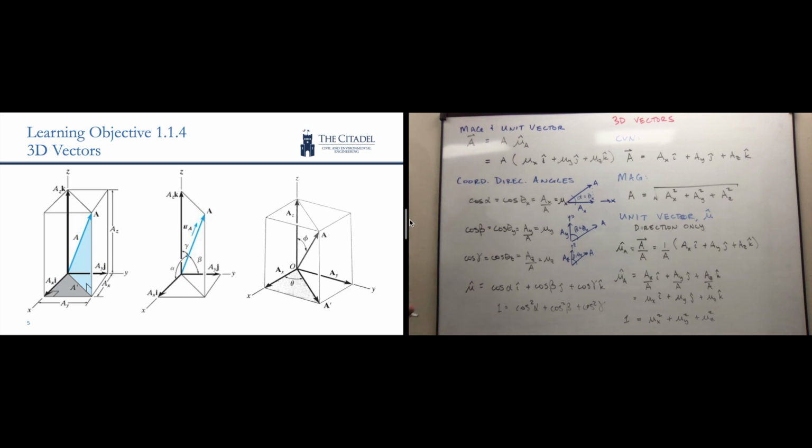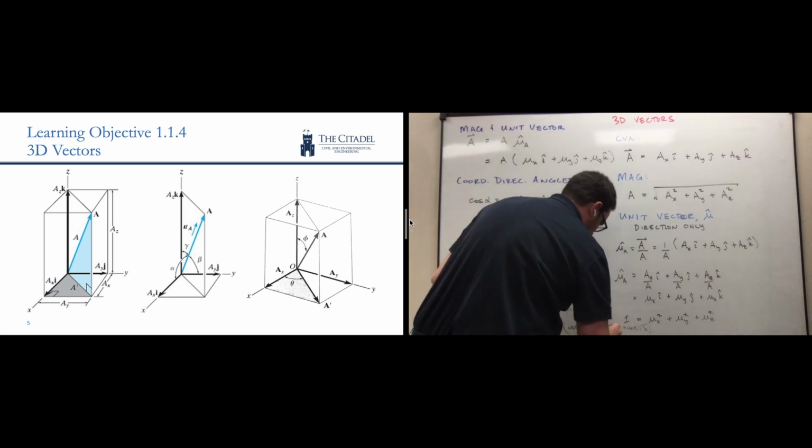So if we were to talk about this as a whole, we would say that we could express the vector A as its magnitude, its alpha, its beta, and its gamma, or A times cosine alpha i plus cosine beta j plus cosine gamma k. And I've kind of run off the board a little bit there, but that's okay. I think we can manage this.